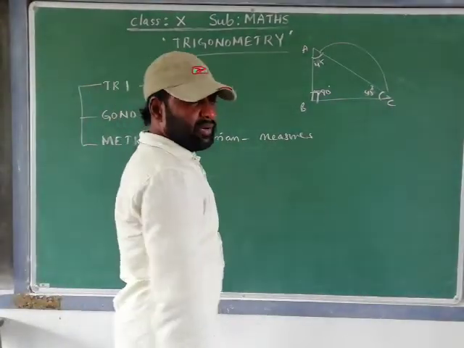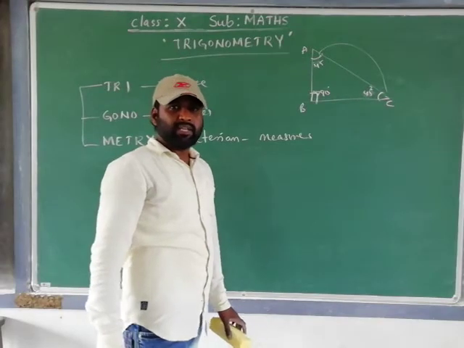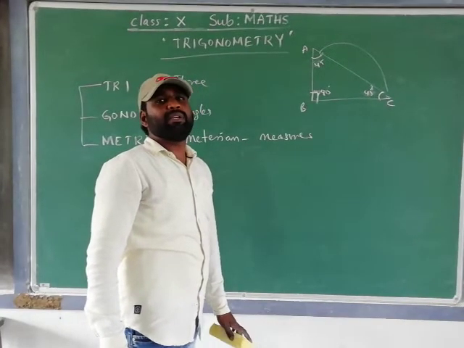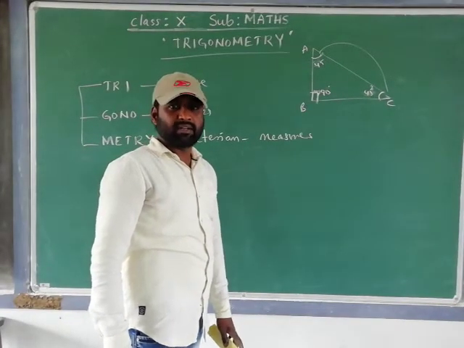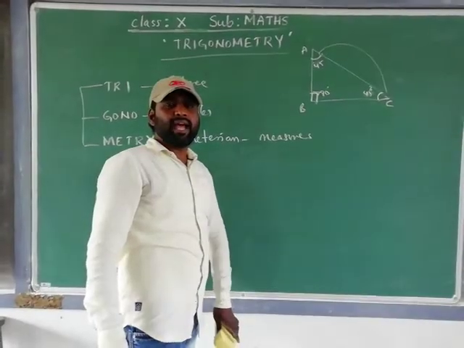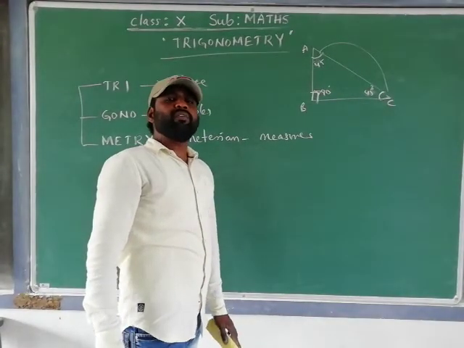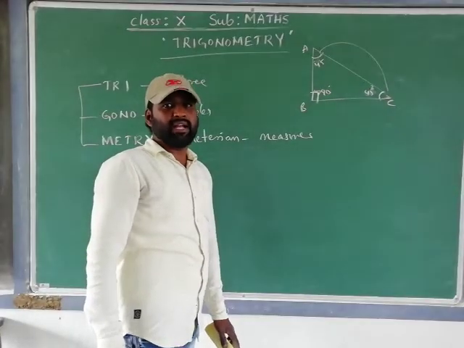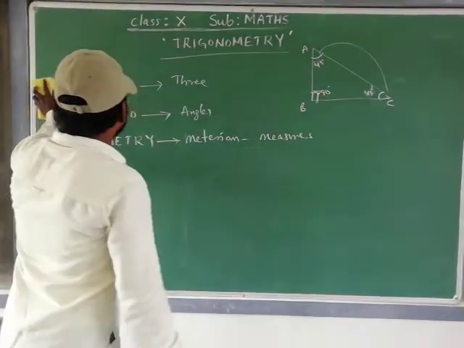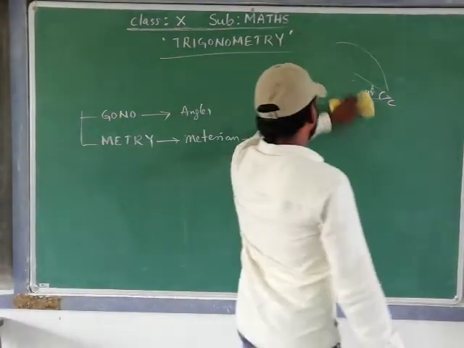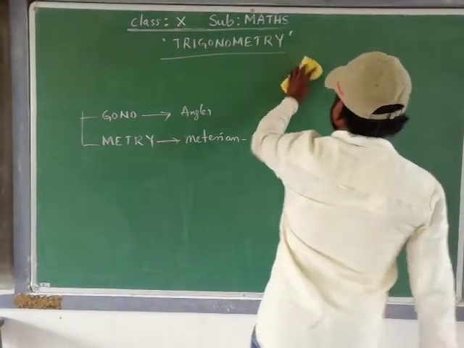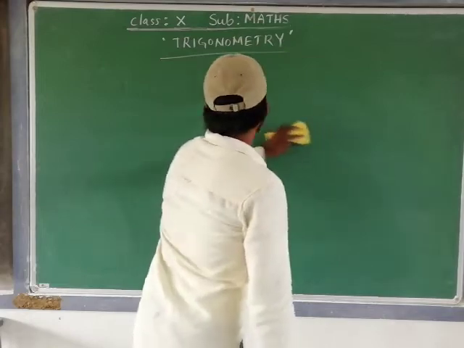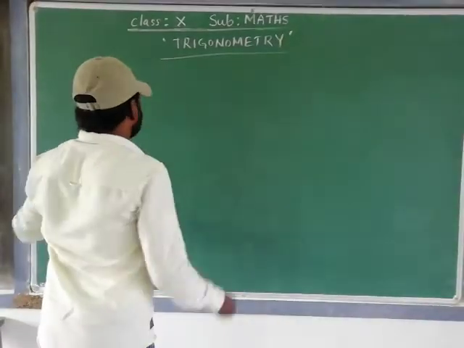Trigonometry means it deals with measures of 3 angles. Understand? So in these measures, what are the sides? We will learn the names of the sides for a right angle triangle. Naming the sides of a right angle triangle.